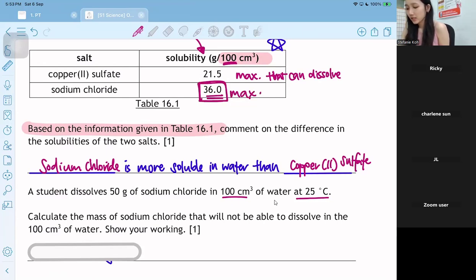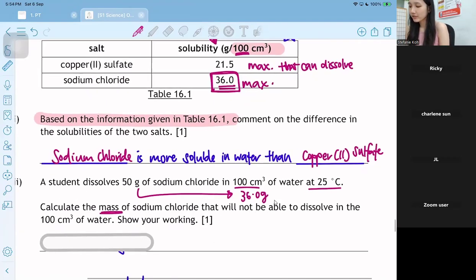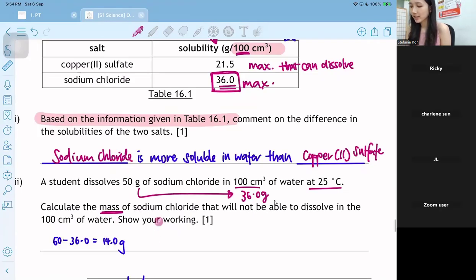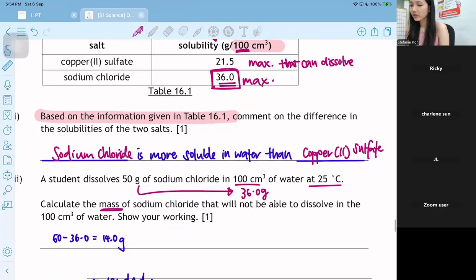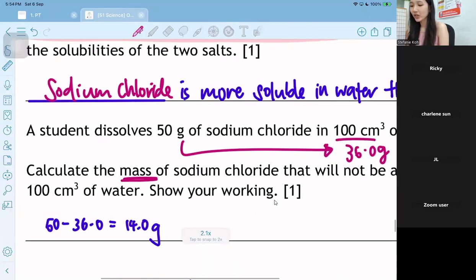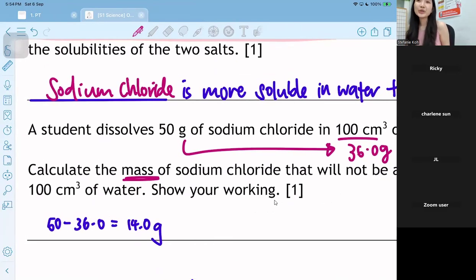Then you pour in 50. Obviously, the remaining cannot dissolve. So that's what you want to find. Calculate the remaining mass that cannot dissolve. You just take 50 minus 36. That is your working. 14 grams remain undissolved. Now you get a suspension because these solids will settle to the bottom.